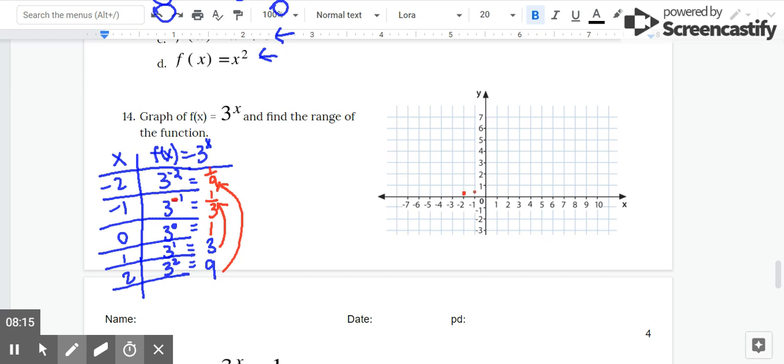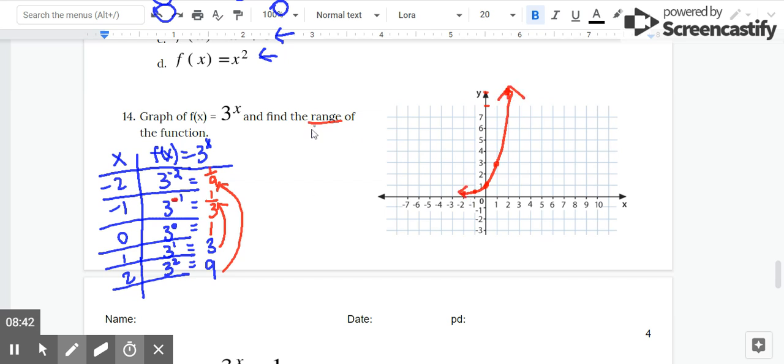And negative 1 is a little bit higher than 1 over 9 because 1/3 is a little bit bigger than 1/9. When it's 0, 1. When it's 1, 3. When it's 2, okay, let's extend it. So 2, 9. Wow, you see the graph is increasing really fast, right? Really fast. So it keeps going.